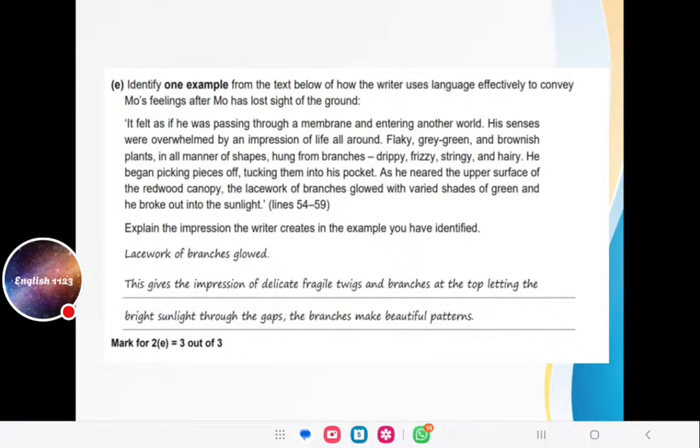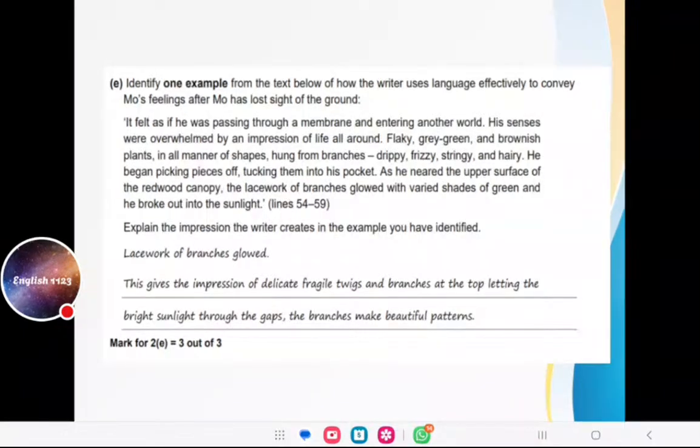And how will you know that? First of all you will have to look for the words inside that example. So here we have chosen the example, lacework of branches globe. The most important word here is lacework. How are you going to explain this lacework, and after that globe also?